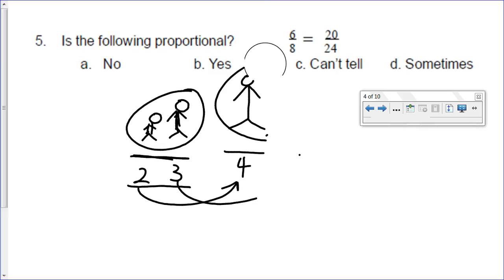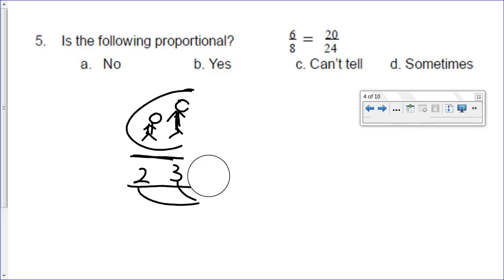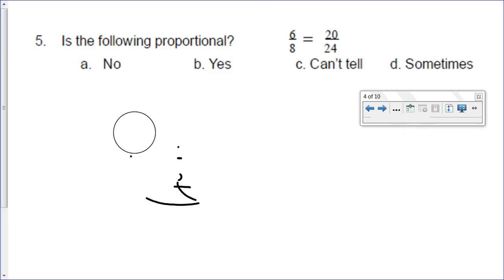Well, are 6 over 8 or 6/8 proportional to 20 over 24? Well, is there anything that we can multiply 6 and 8 by to get 20 and 24? I know you can multiply 8 by 3, and that gives you 24.